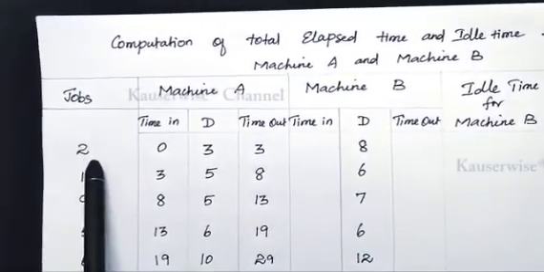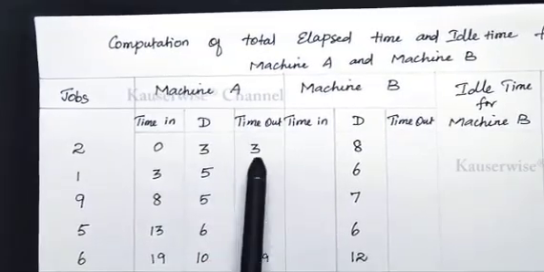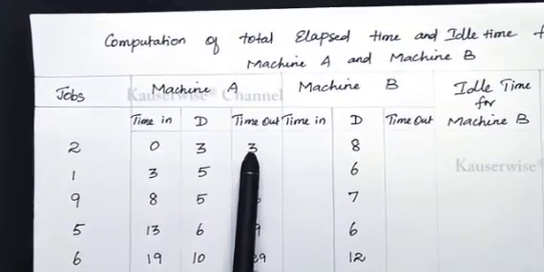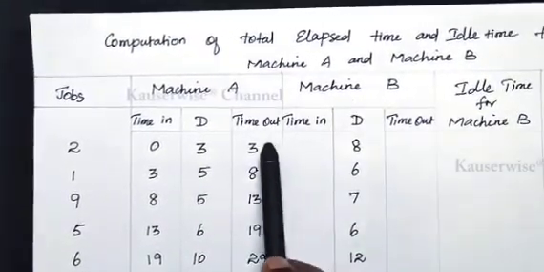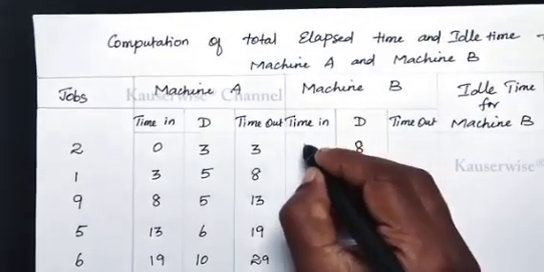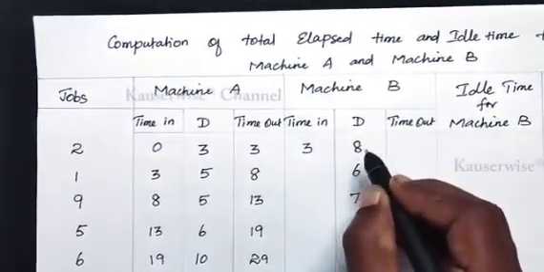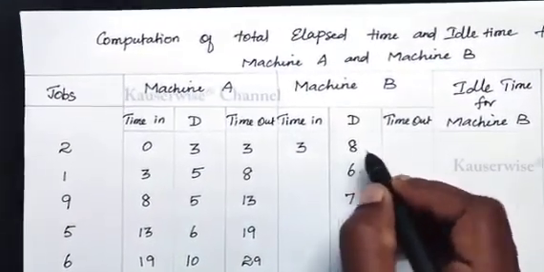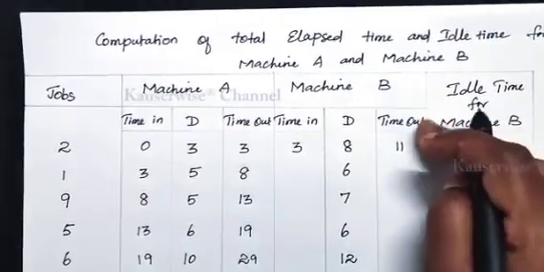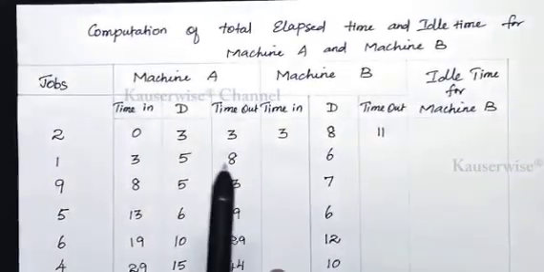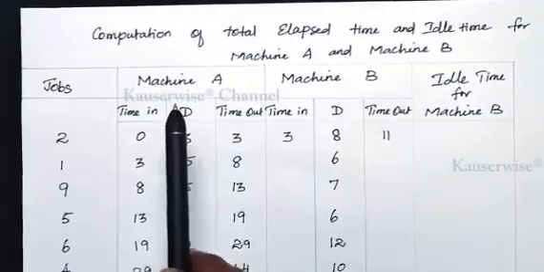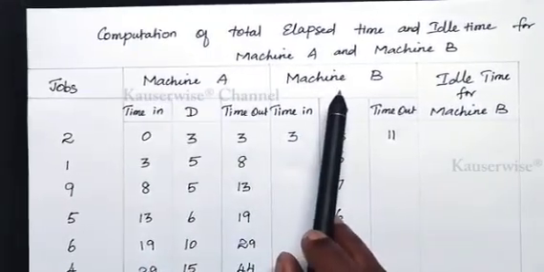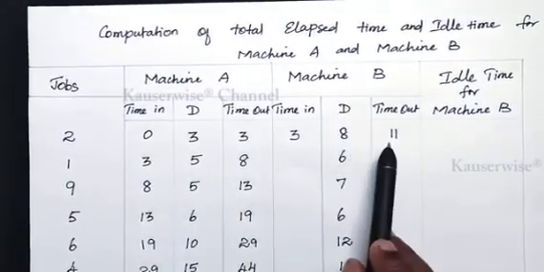Job 2 was processed through machine A by the 3rd hour. Now this is the in time for machine B for the first job. So the in time is 3 plus duration 8, you will get 11 as the out time for the first job. So job 2 has been processed through machine A and machine B, and completed on the 11th hour.